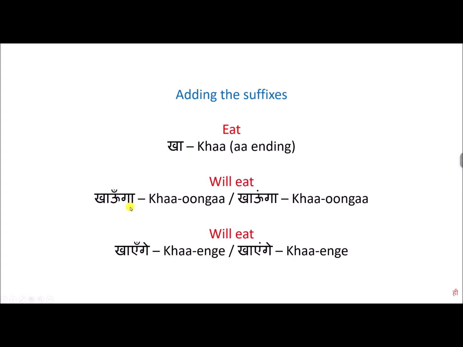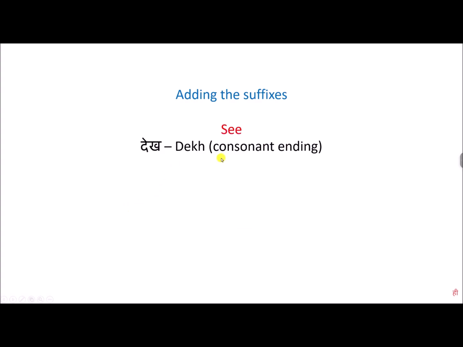Okay, next, if we have a consonant ending like dekh, this is not a vowel ending, this is consonant ending, kh, then we add the u to the consonant's last letter. Dekhunga.